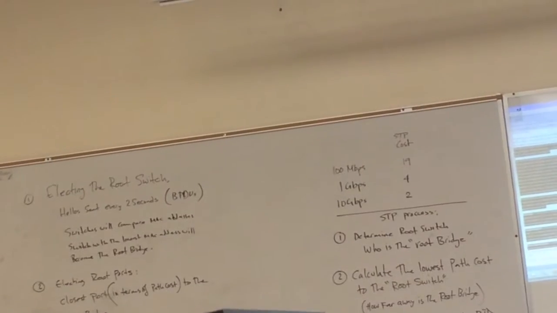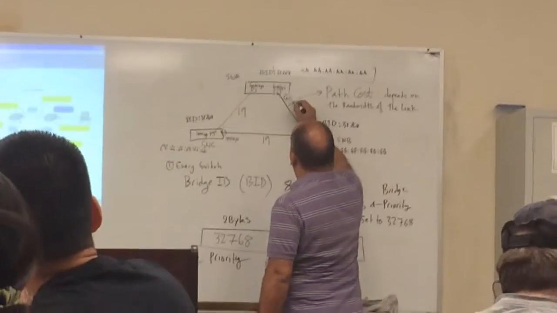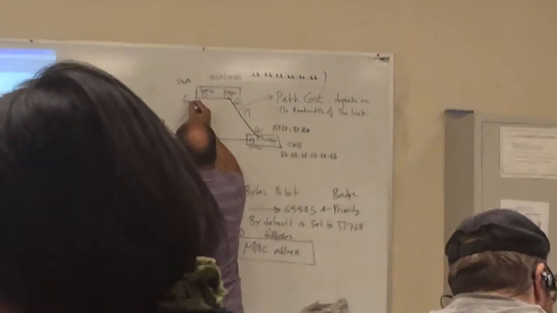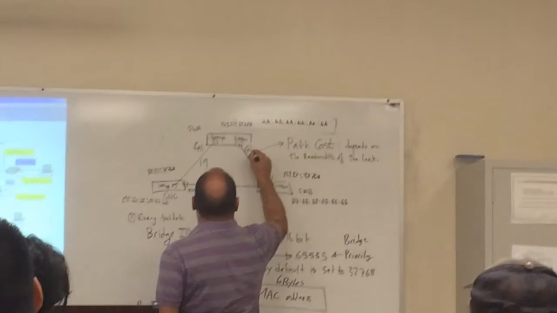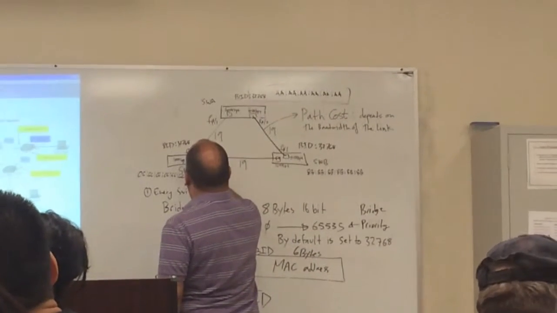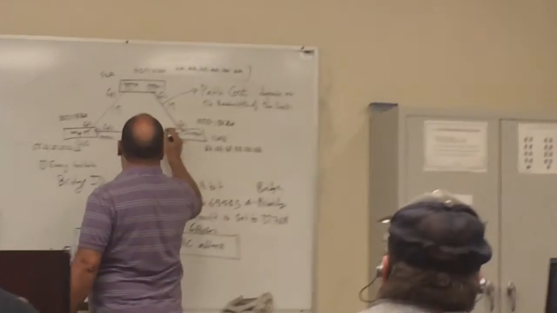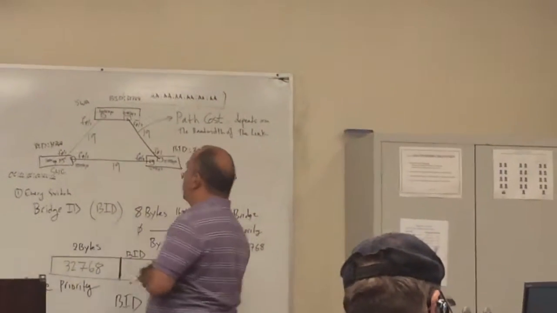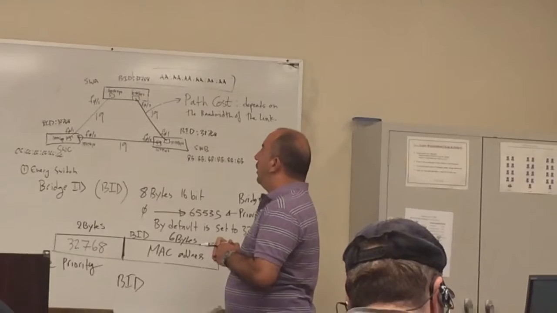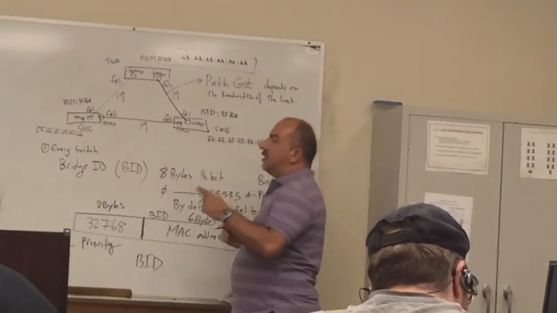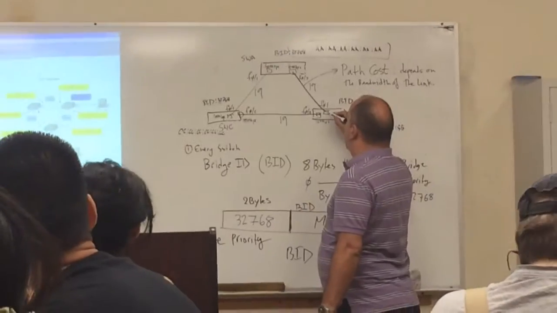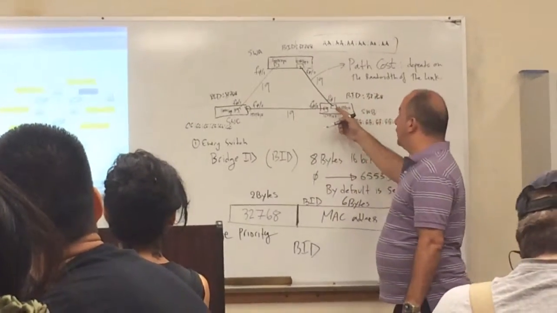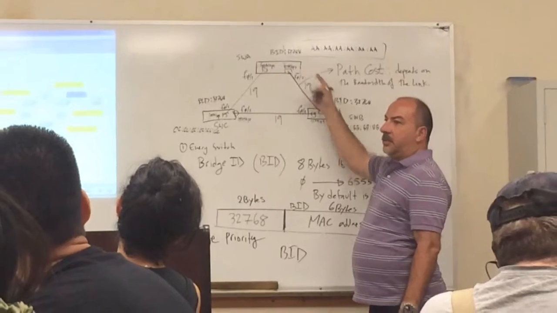Okay. This is F0/1. Alright. The closest port, which is, look here guys, what is the closest port to the root bridge on switch D?